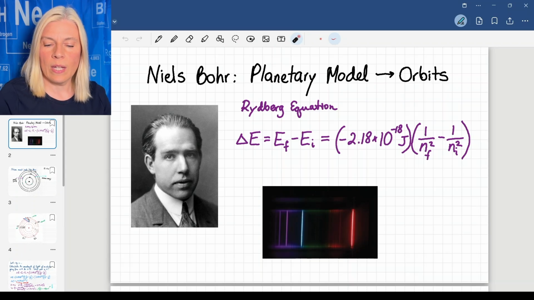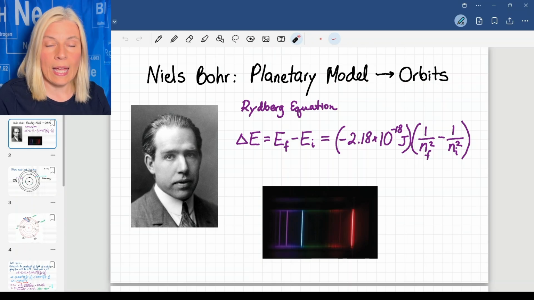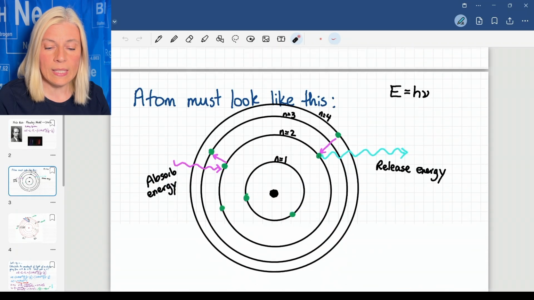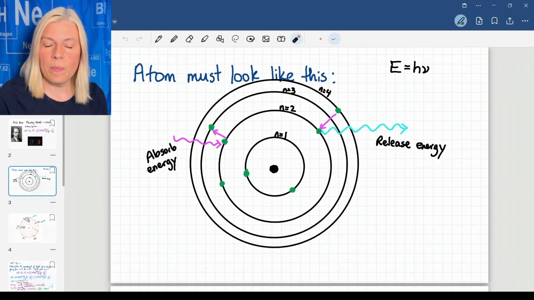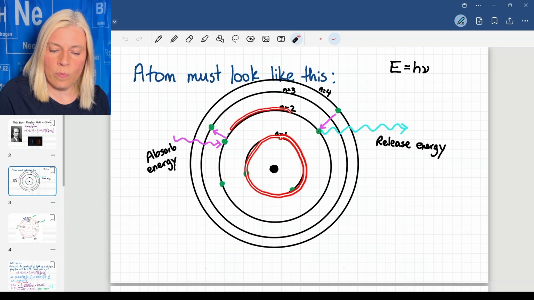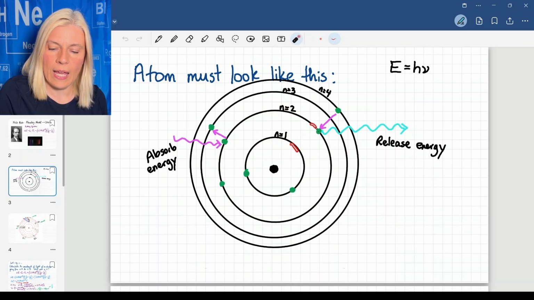And Niels Bohr comes up with the planetary model of an atom, and he says, I know what an atom looks like. To explain this, he says, an atom must look like this. So we have a nucleus, and then we have these orbits, and each orbit corresponds in a way to an energy layer. So each orbit has a specific energy.